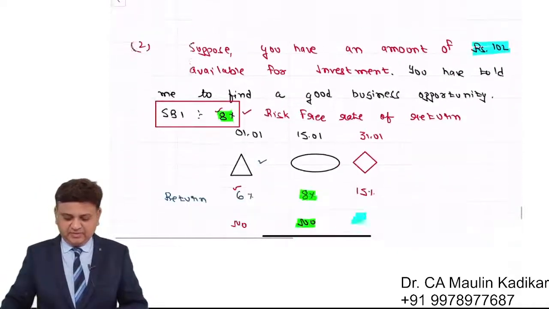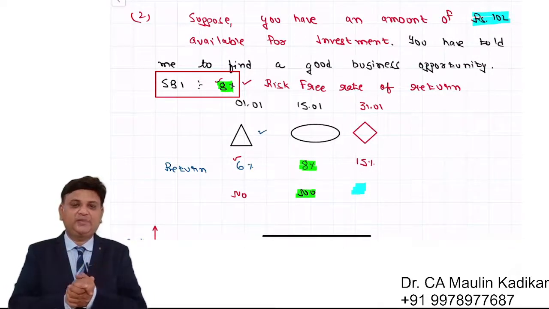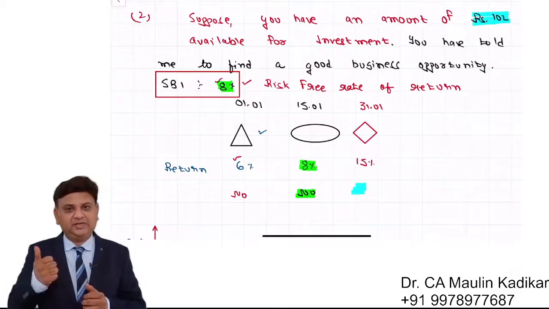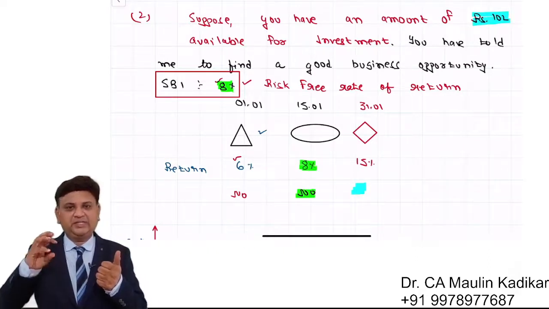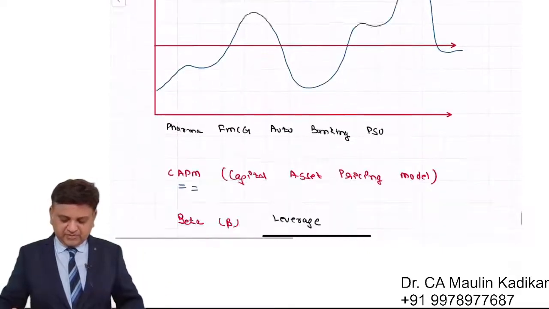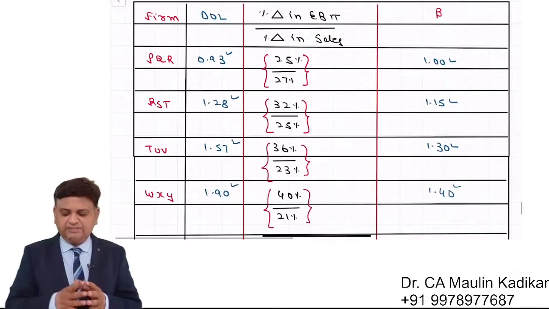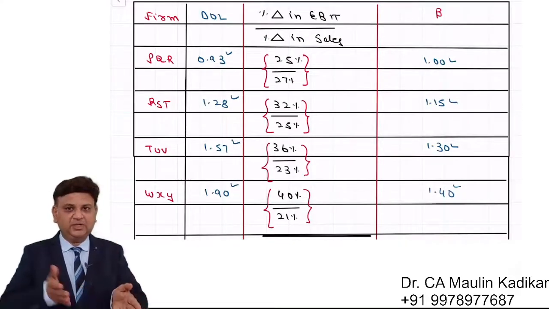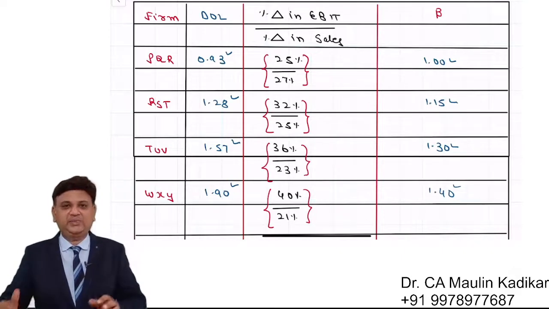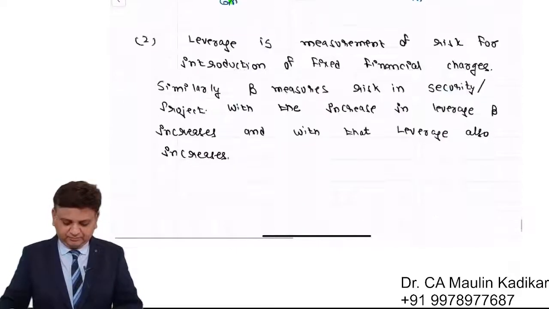That is what we have done. Then the second part of the question asks you to comment on the interrelationship between leverage and beta. We can say that with the increase in beta, leverage increases. So over here, PQR has the lowest leverage and lowest beta, and WXY has the highest leverage and highest beta. That is the answer.